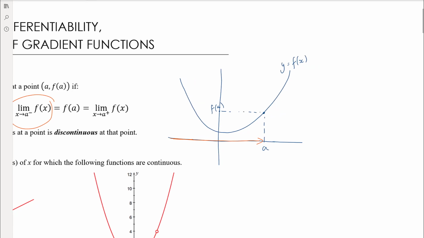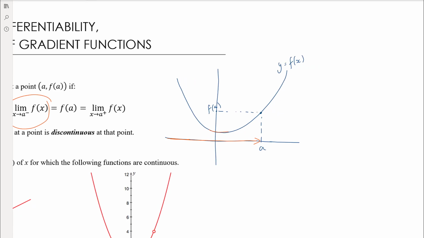Okay, so as we travel along the function from smaller x values than a towards a, the limiting value must exist, it must actually limit to a value, and it does, the value of the function limits to f of a. Okay, so if that limiting value is equal to f of a, and similarly the one on the right hand side is the limit as x approaches a from above of the function.